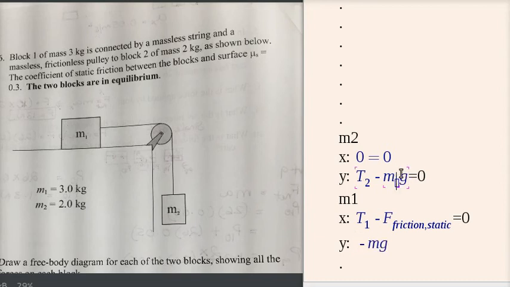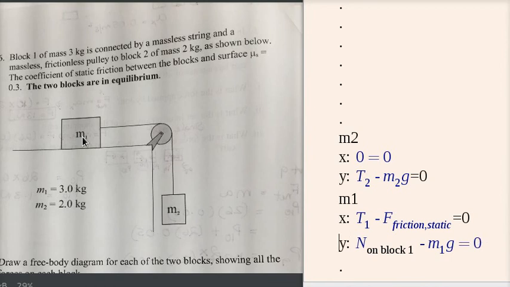This is M2. This is M1. Because it's gravity pulling down on this block. And what pushes up? The normal force on block 1. And that's all 0. Everything's not moving. Everything's not accelerating.